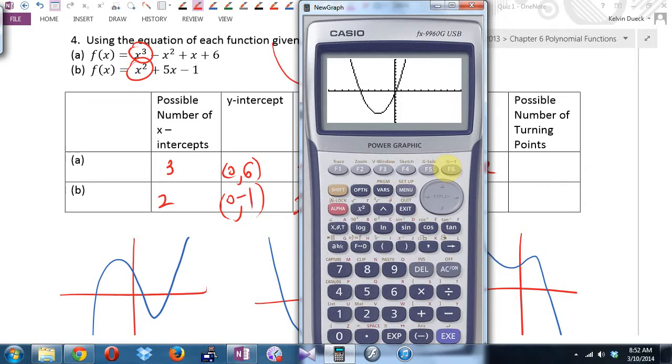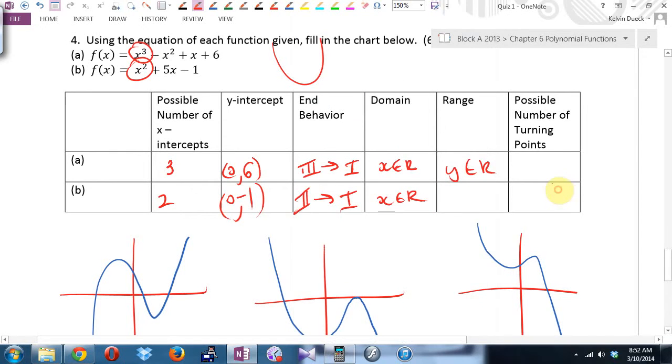Then G-solve minimum: -2.5, -7.25. So what's the range? Everything above and touching -7.25. Possible number of turning points, 2 and 1.